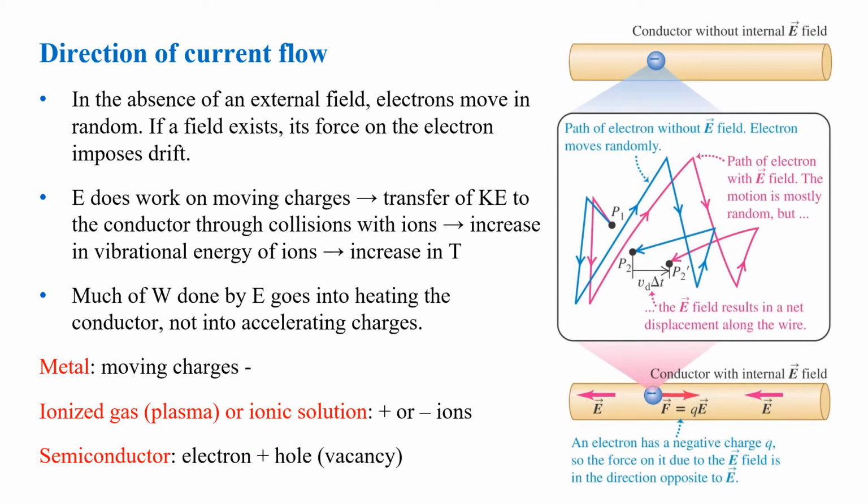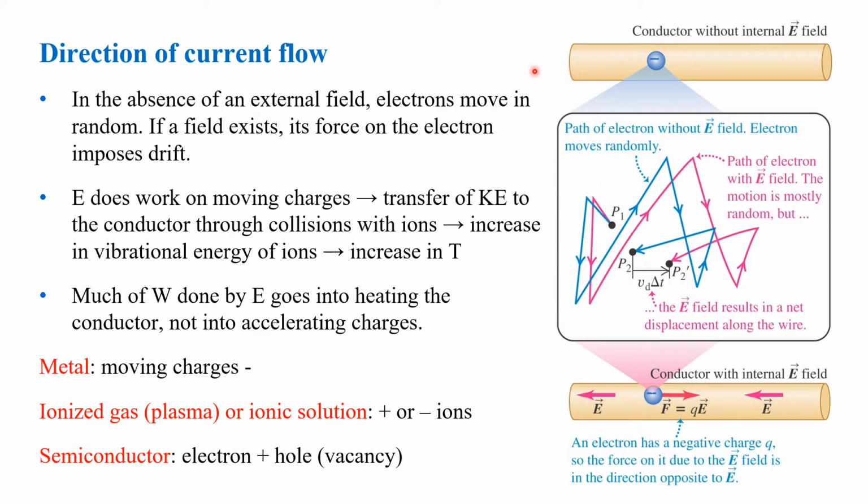In the absence of an external field, electrons move randomly. Consider this electron here without an internal or external electric field. It moves randomly, just like the blue line here. If a field exists, its force on the electron imposes drift.